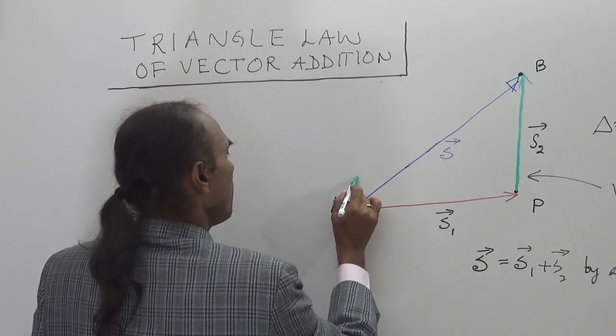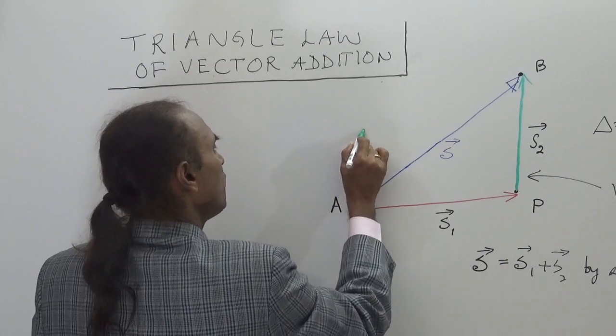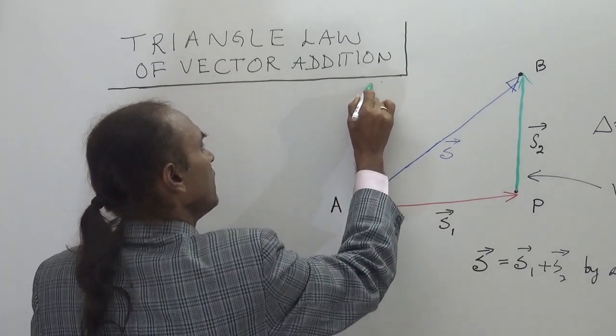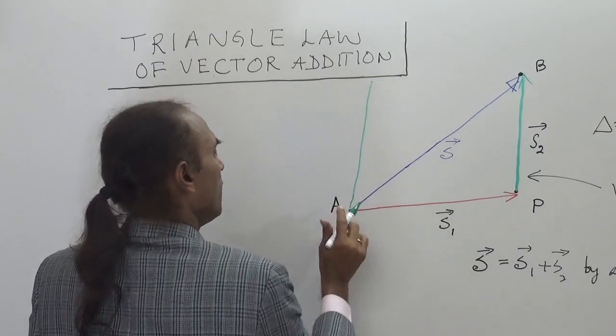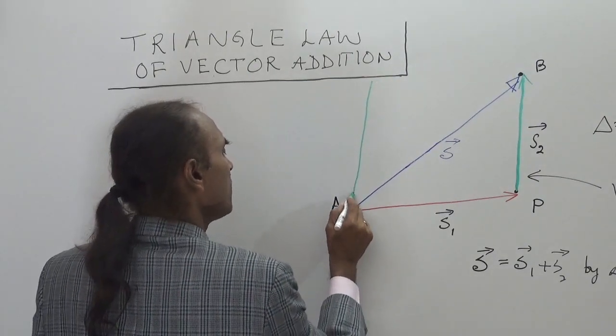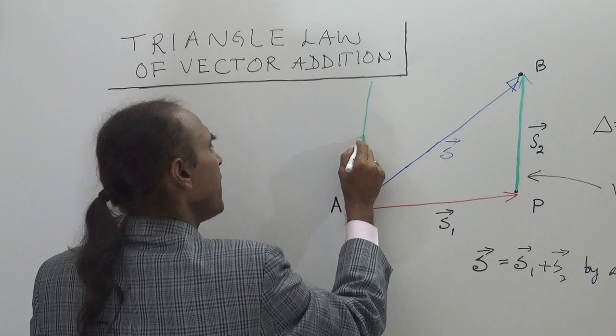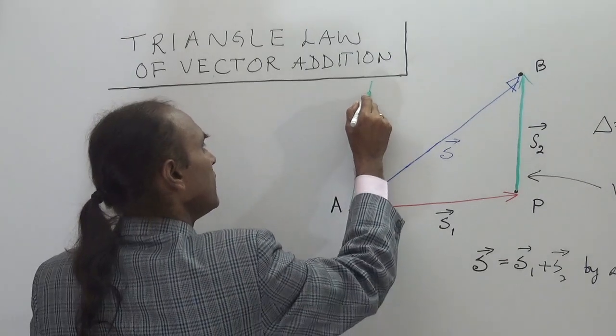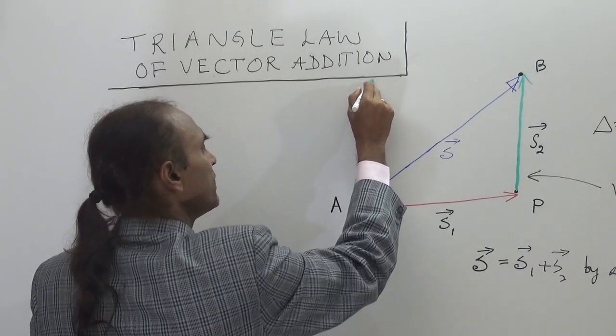You have to draw a line parallel to S2. That means it has to go. Really it is moving. It is undergoing the displacement. Really, it is not just a geometrical diagram.